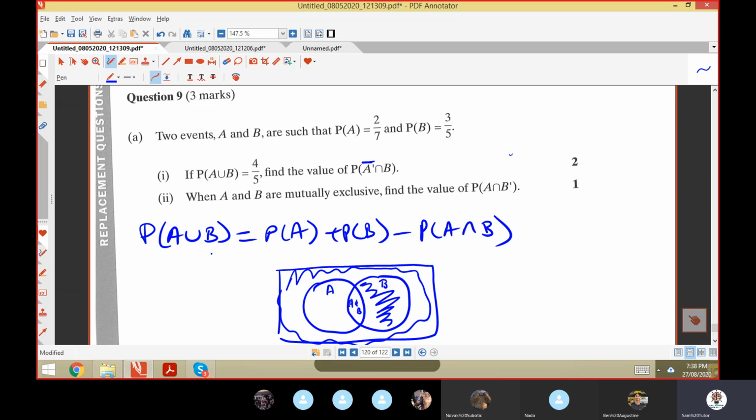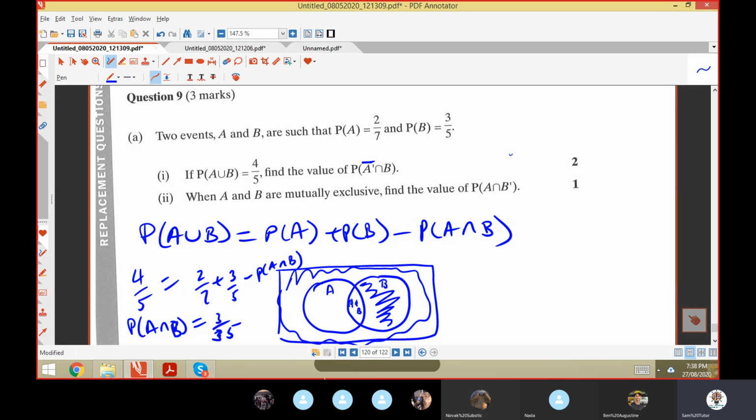A union B is 4 out of 5. Probability of A is 2 out of 7. Probability of B is 3 out of 5. Minus the probability of A and B. From that, I'll get A and B: 4 out of 5, take away 2 out of 7, take away 3 out of 5, which gives 3 over 35. So the probability of A and B should be 3 out of 35.